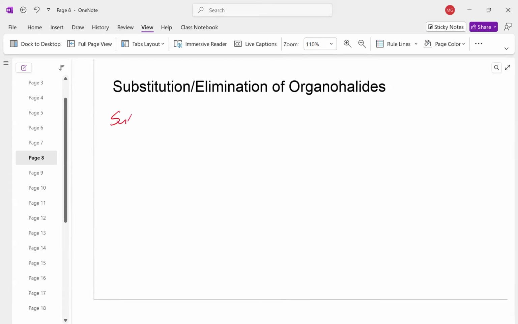So in a substitution, a halogen gets replaced by a nucleophile.